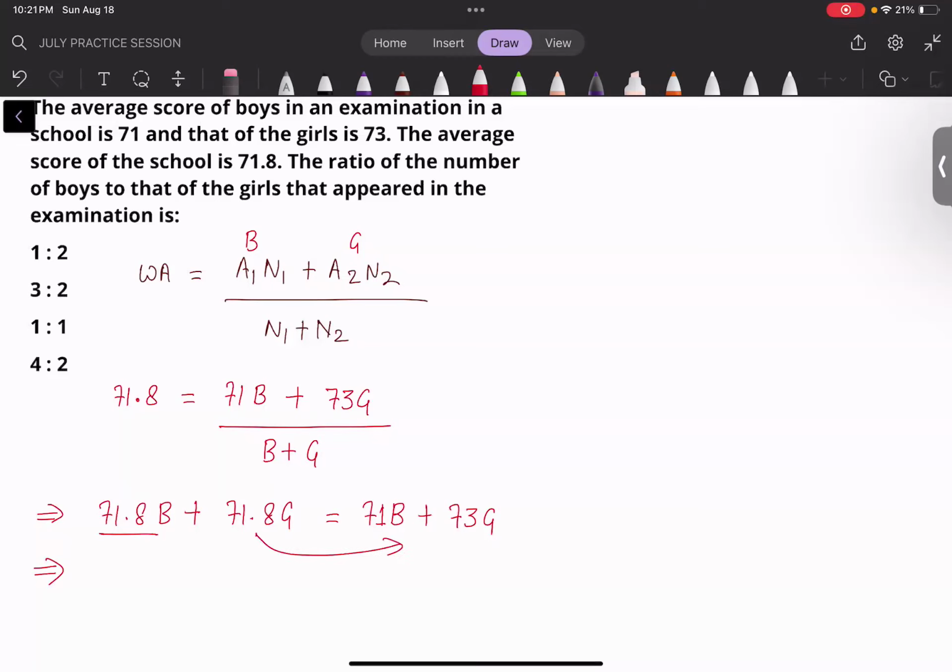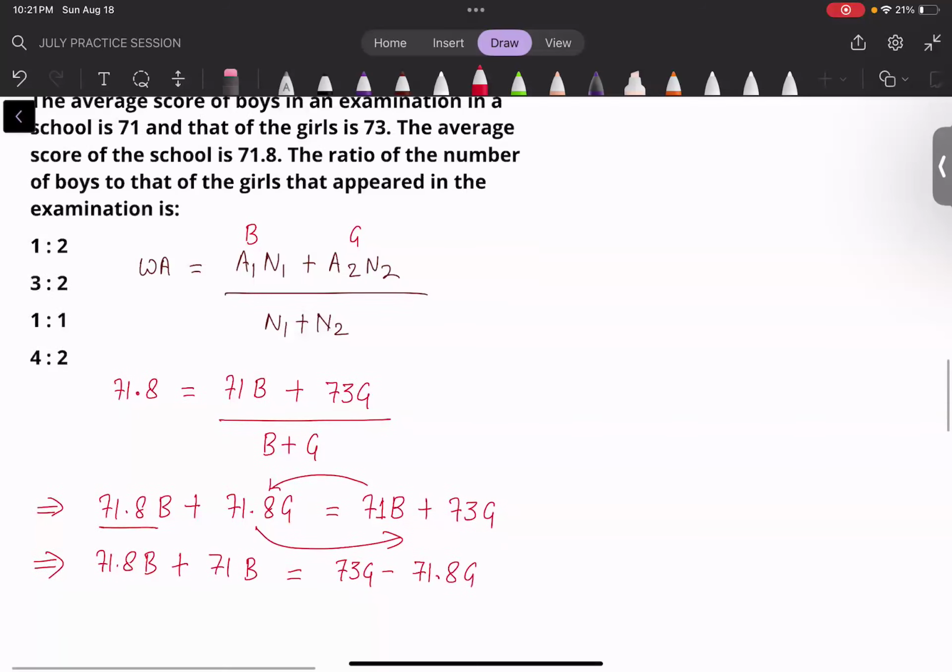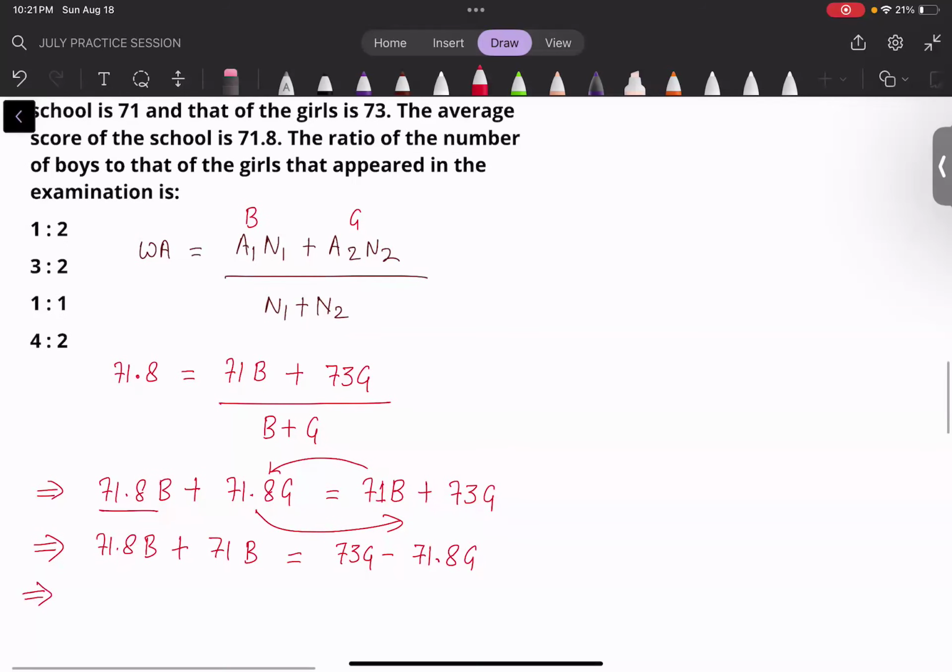So I will get 71.8 B minus 71B equals 73G minus 71.8G. I'm writing extra steps just for clarity. Let's take B as common, so I will get 71.8 minus 71. Here I will take G as common, so I will get 73 minus 71.8.